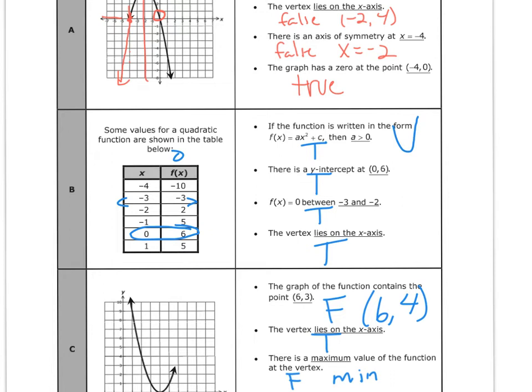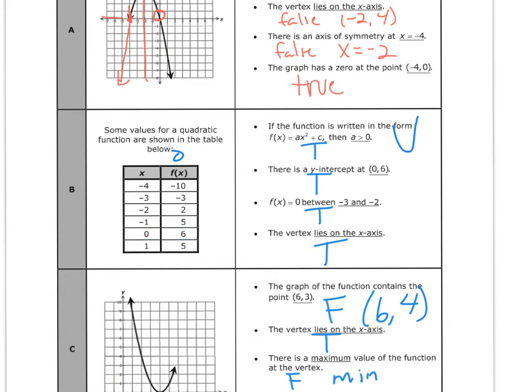And then finally, the vertex lies on the x-axis. If you look carefully through all of this, you will see that the vertex is at 0, 6, and that will not be on the x-axis. Nope, let's try that again. That's not the vertex.